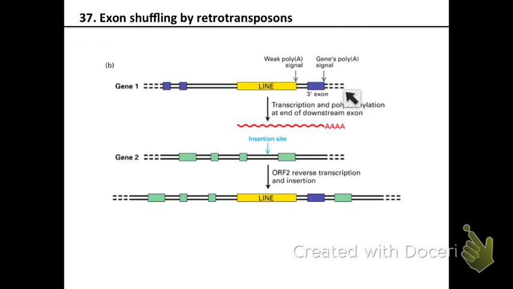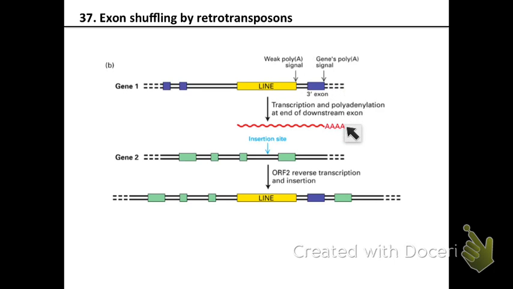So this can happen also by retrotransposition. Again, imagine a gene where you have a LINE element inserted here. It usually has a weak poly A signal, and then the gene has a stronger poly A signal at the end of its last exon. Imagine that the transcription of the LINE starts right here through its promoter, but the transcription accidentally continues into the last exon and gets polyadenylated at the end.